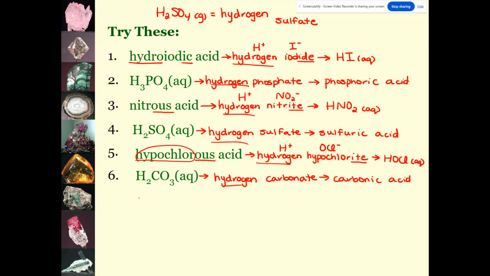Okay? Now, acids where the H is at the end. If you have the acetate ion, any polyatomic ion that has COO in it, they're organic acids, and they show the order that the atoms are bonding to each other, sharing their electrons.